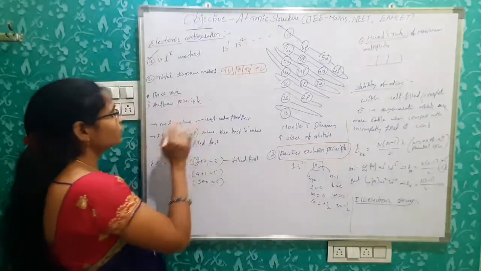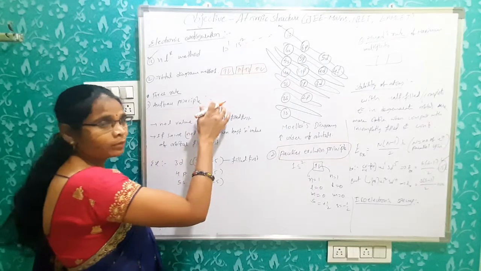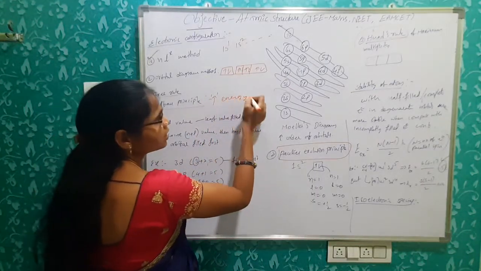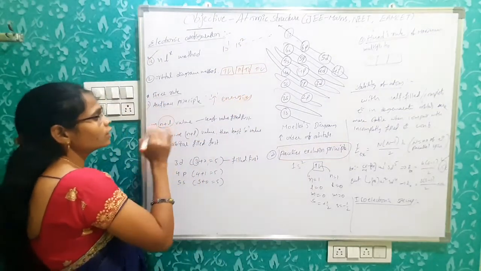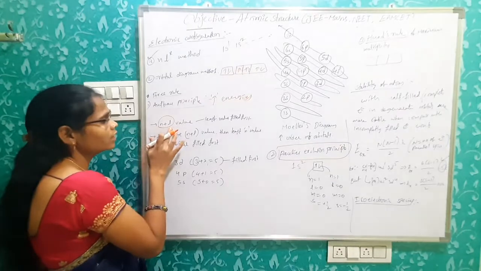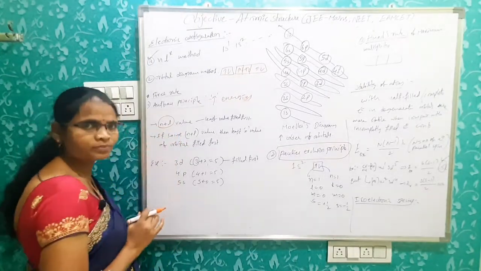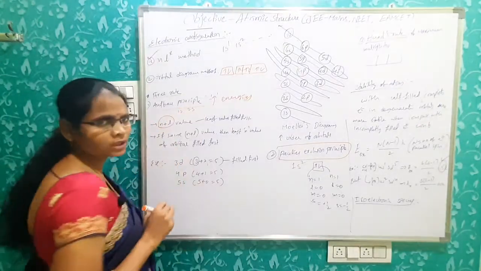So first of all, the Aufbau principle. Filling of electrons in orbitals takes place in increasing order of their energies. The energy of orbitals can be calculated by the n plus l value. Suppose for example the 1s orbital and 2s orbital are both present.